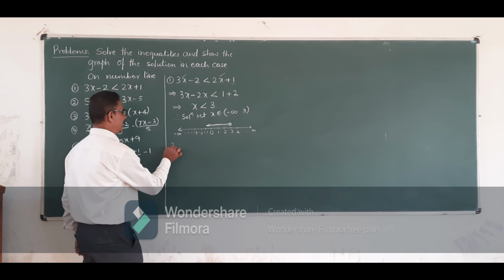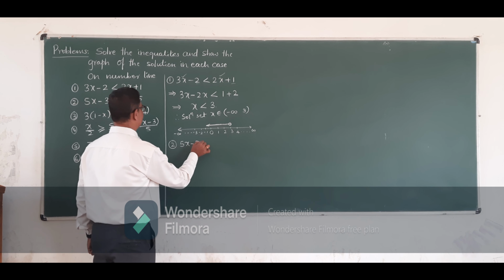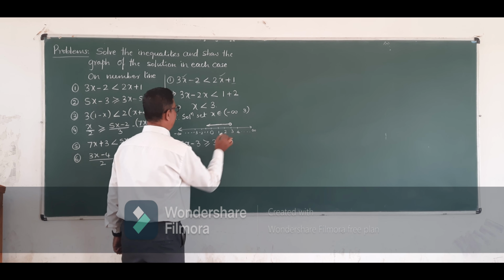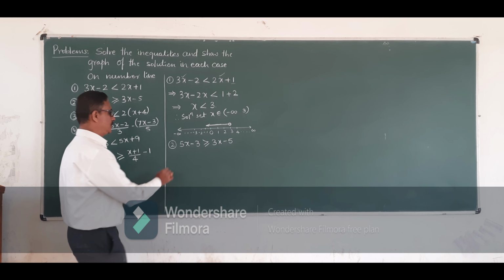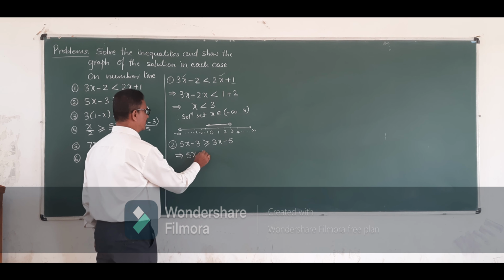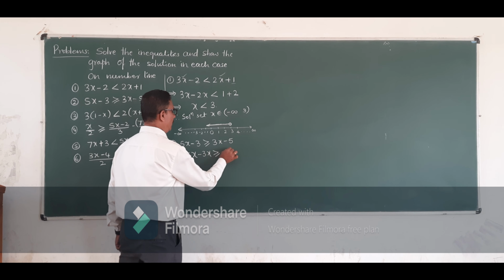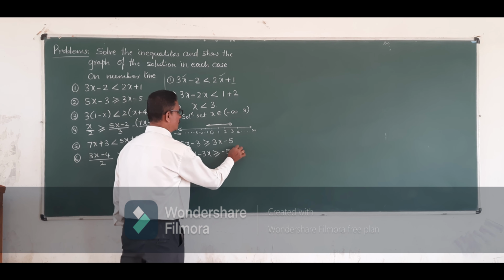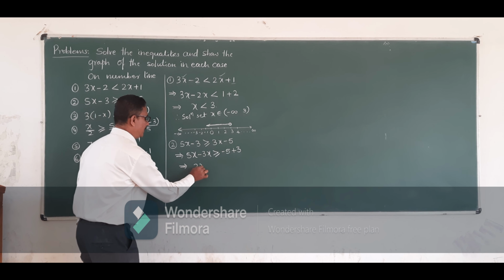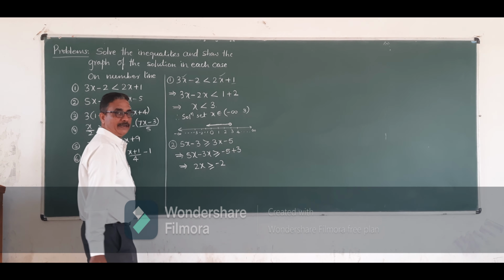Whereas the second problem, same type. 5x minus 3 more than or equal to 3x minus 1. Rearrange. This implies 5x, 3x on the left side, minus 3x more than or equal to minus 1, and minus 3 goes to the right side, plus 3. This implies 5x minus 3x, 2x more than or equal to minus 2.